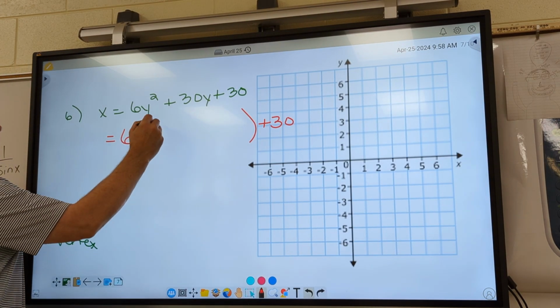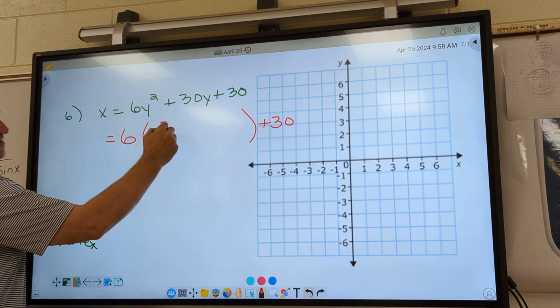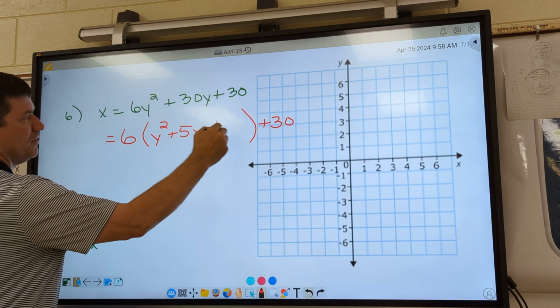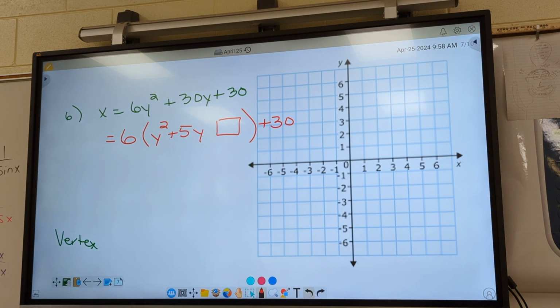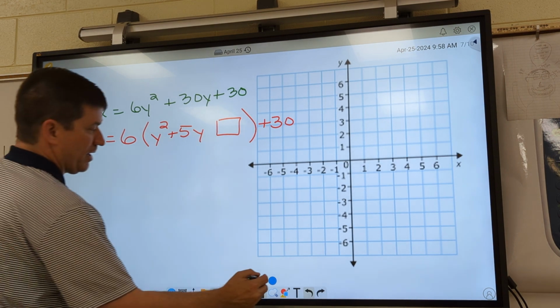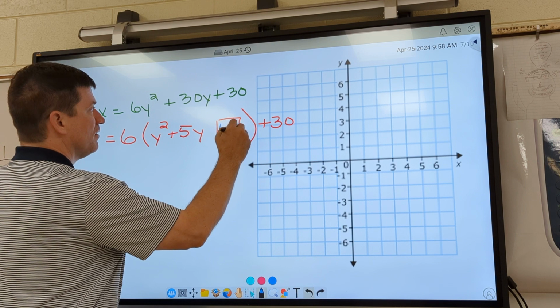Y'all should have y squared, all right, 30 divided by 6 is 5, right? Then your box. Josh, you got that? You got 5? All right, so half of 5 is 2.5, so we go 2.5 squared. I got 6.25 here.